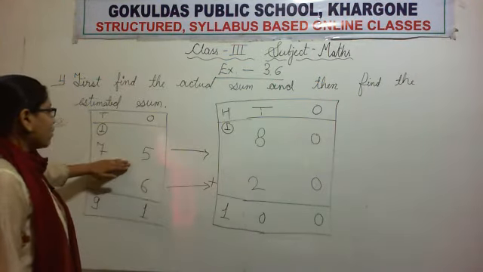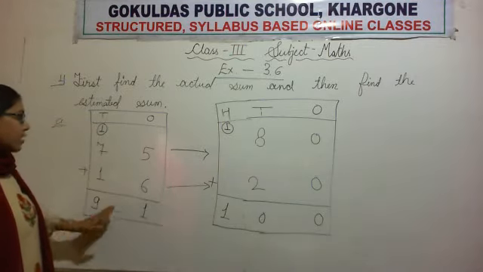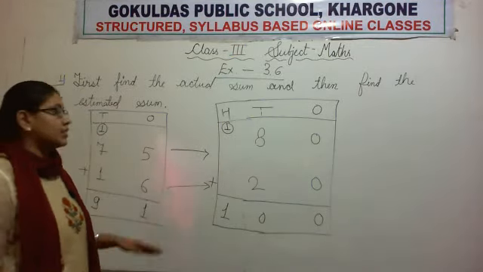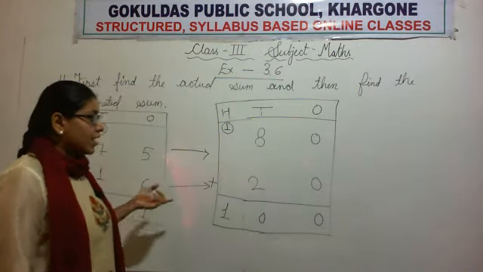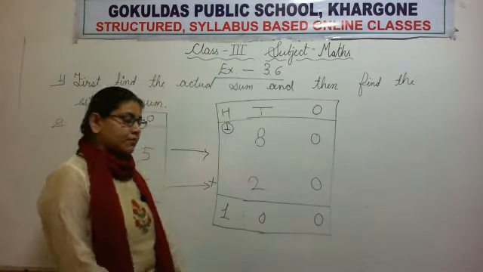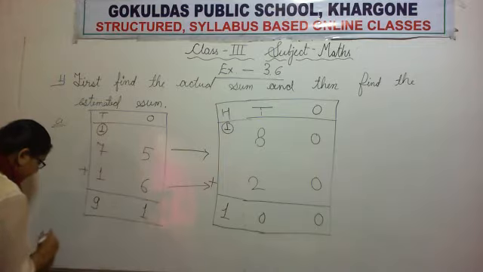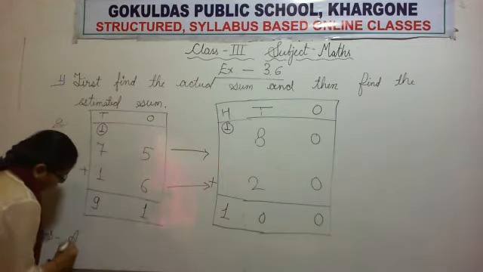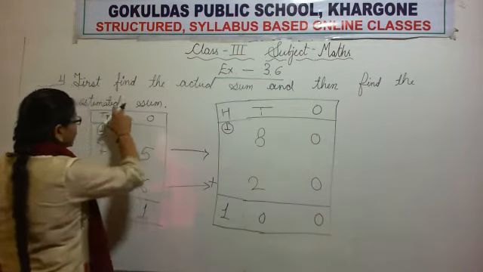So first we found out the actual sum by adding actual numbers, then we rounded off the actual numbers, then we added them and got the estimated sum. So let's write the answer. Question is asking us to find actual sum and estimated sum.